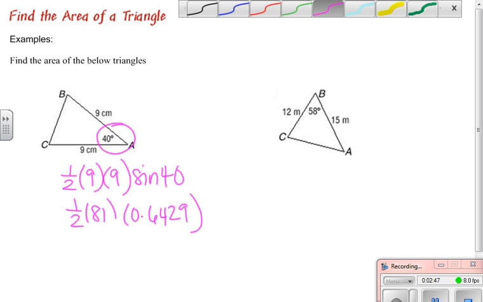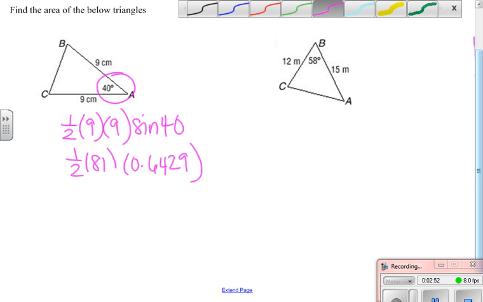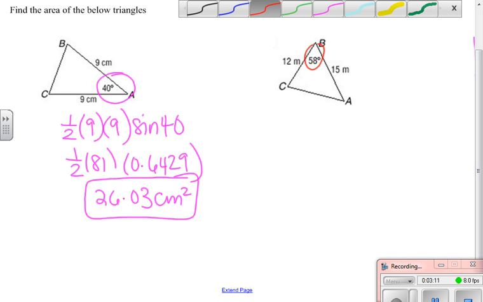I would recommend always carrying 2 to 3 decimal places. And when you put that into your calculator, you get 26.03 centimeters squared. And that is the area of that triangle, and you did not know what the 90-degree height was. Same thing's going to be true for this one.